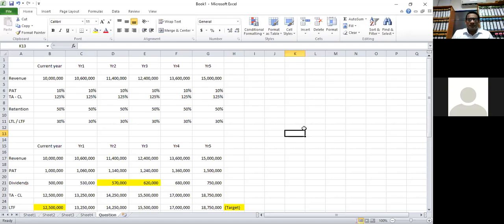Tell me anything else which you need to clarify on the ratios, the ratio analysis.